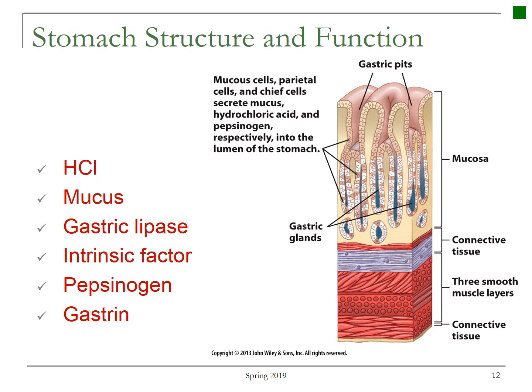At the bottom of these pits are the gastric glands that secrete the gastric juice, which is a mixture of hydrochloric acid, secreted by the parietal cells; mucus, which is secreted by the mucosal cells and serves as a protective barrier from the acidic contents of the stomach; gastric lipase, an enzyme secreted by the chief cells that breaks down lipids; the intrinsic factor, a glycoprotein that is secreted by the parietal cells that facilitates vitamin B12 absorption in the ileum; an inactive form of the protein digesting enzyme pepsin called pepsinogen; and finally gastrin, or hormones secreted by the chief cells that stimulate secretion of hydrochloric acid and pepsinogen and increase gastric motility.